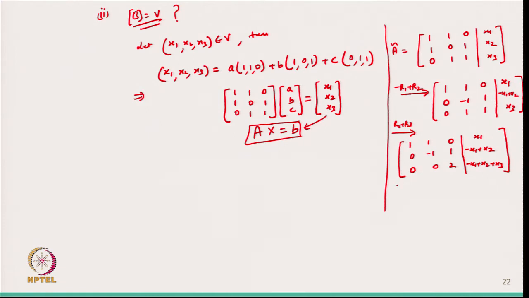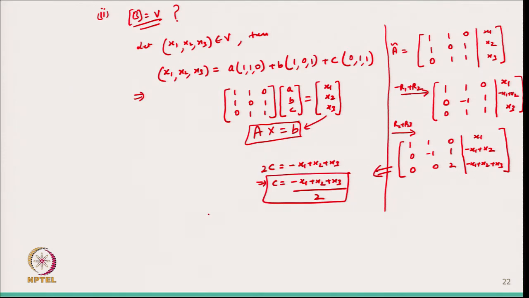So, from here using this one we can say that 2c is equal to minus x1 plus x2 plus x3. So, my c will be minus x1 plus x2 plus x3 by 2. So, this is the c I got.